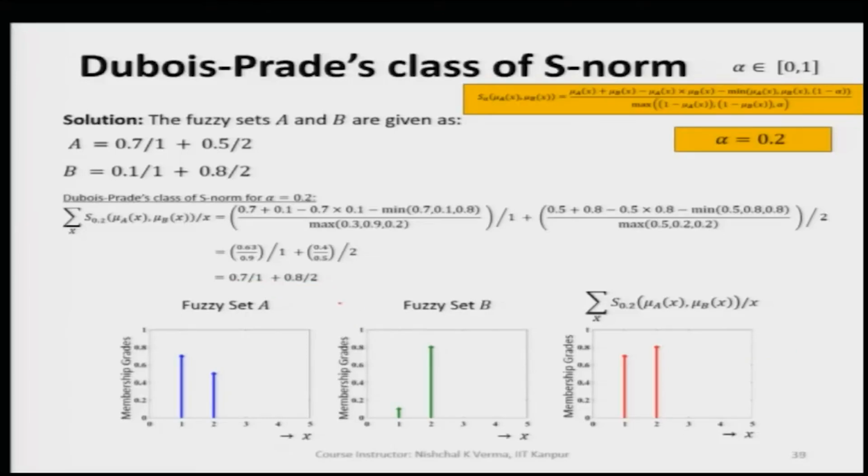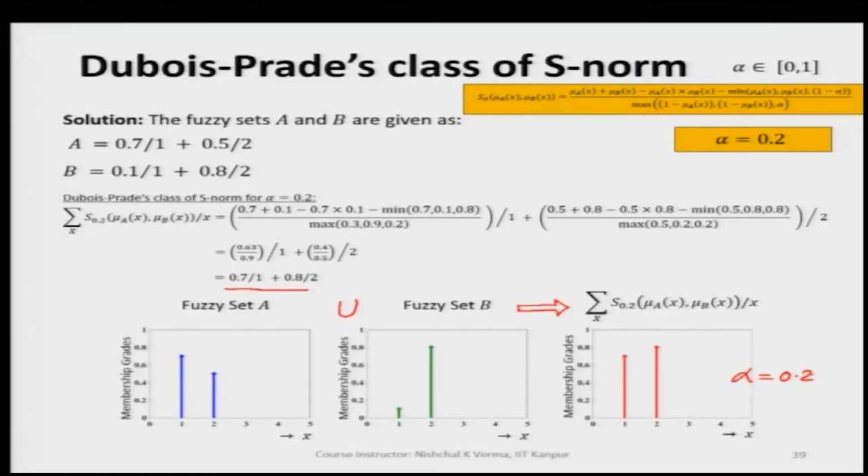So, when we take the union again of fuzzy set A and fuzzy set B, we get a resultant fuzzy set which is again a discrete fuzzy set with two terms, and we see that there is not any significant change in the membership values of the resulting fuzzy set, which is out of the union of fuzzy set A and fuzzy set B. So, this case is when we have taken alpha equal to 0.2.